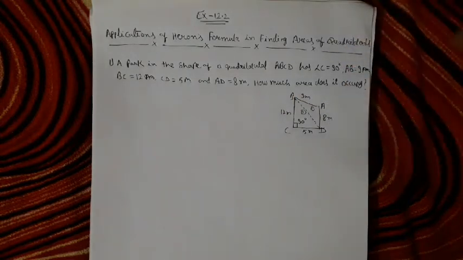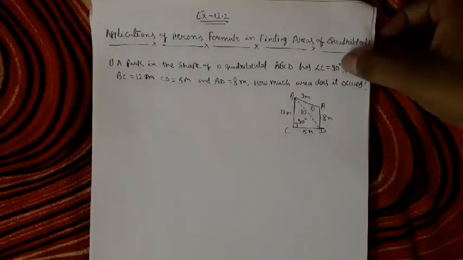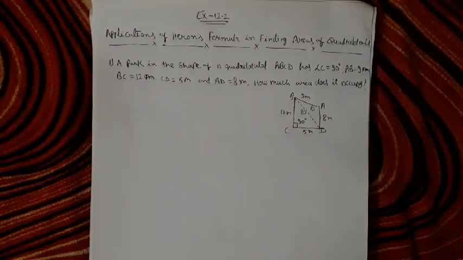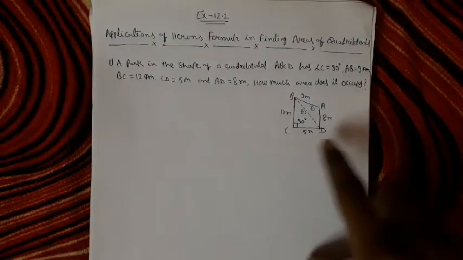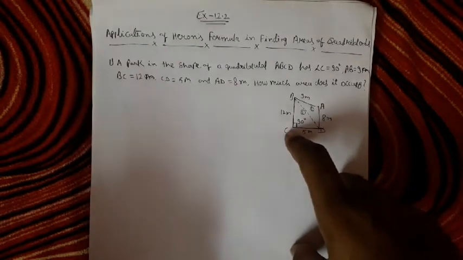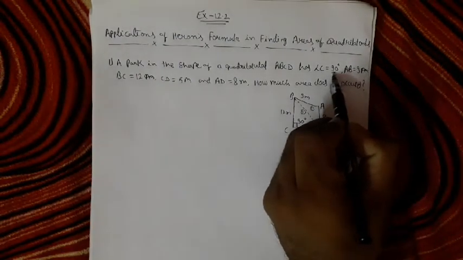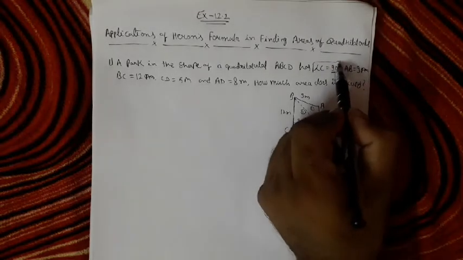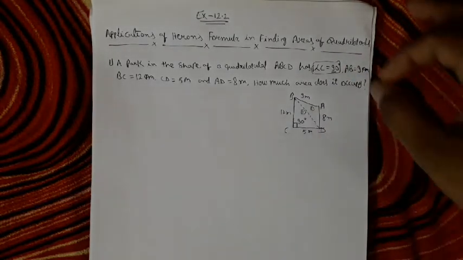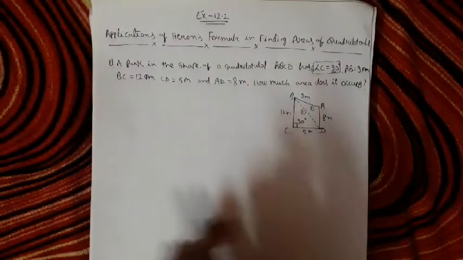For finding BD, there is a hint in the question: angle C is given as 90 degrees. When I was drawing the figure, one question might have come to your mind: why did I take C here? Because angle C is given as 90 degrees. So this is the hint of this question; let us see how we can use it.